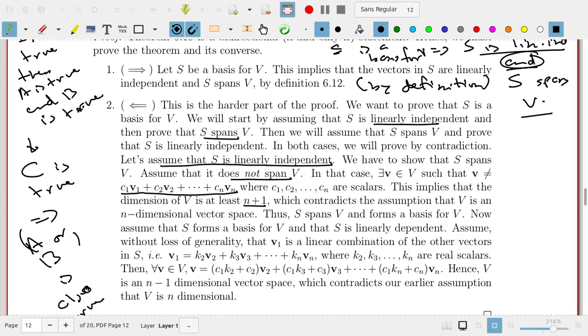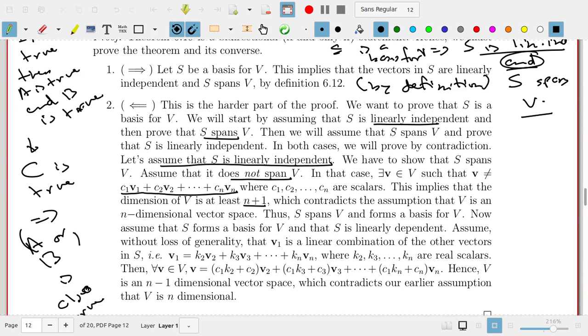Now we start with the assumption that S does span V, and we're going to prove that S is linearly independent.